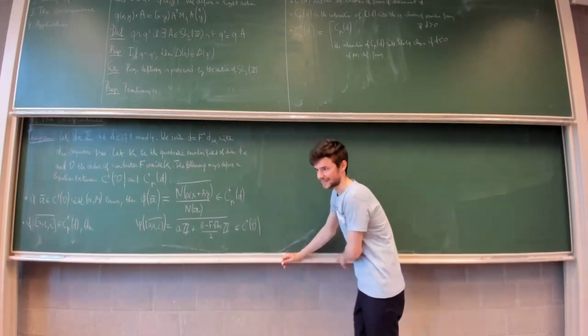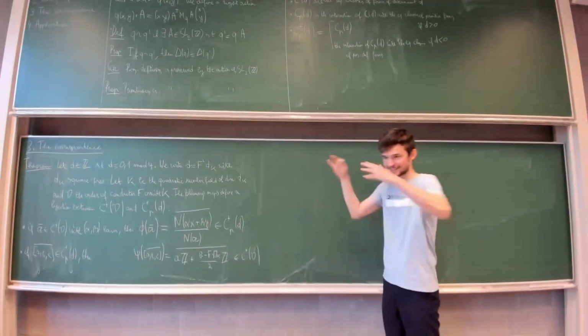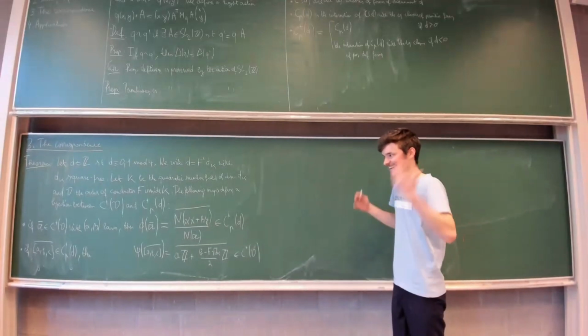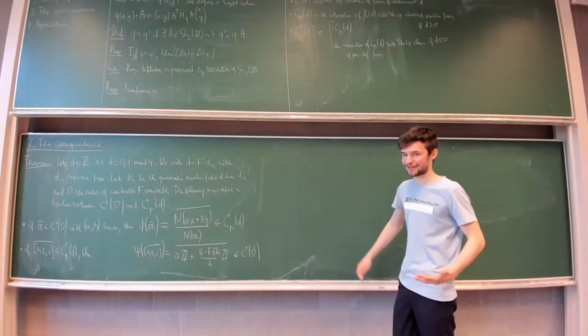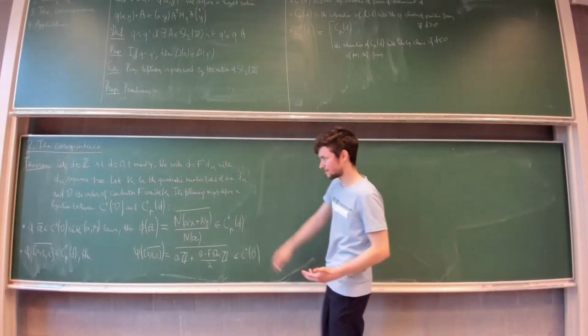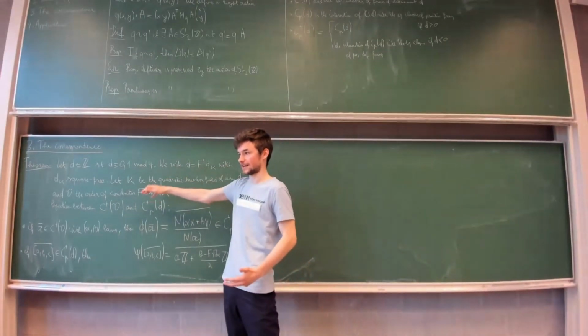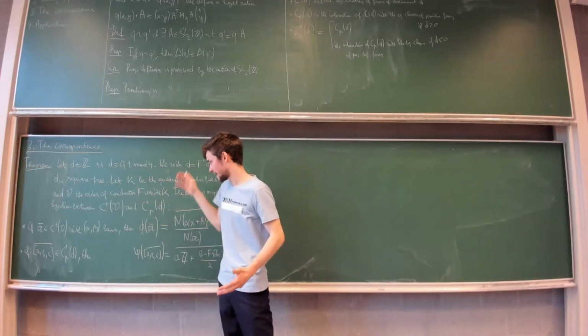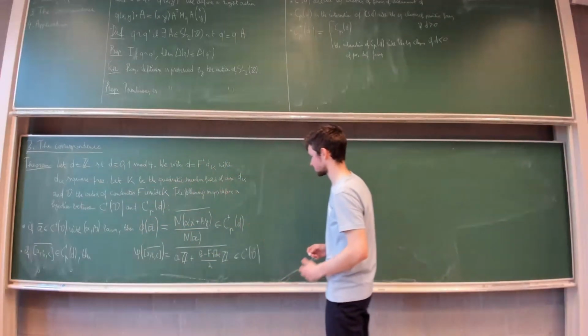Okay, now I get that this might seem like a whole lot that I'm giving you here, and I wish I could explain everything more, but the really important part is that there is a bijection between these two sets that I defined, the narrow class group and the set of equivalence classes.